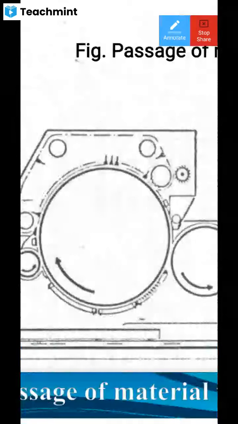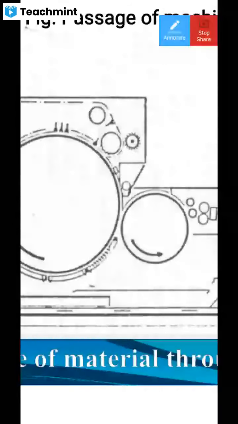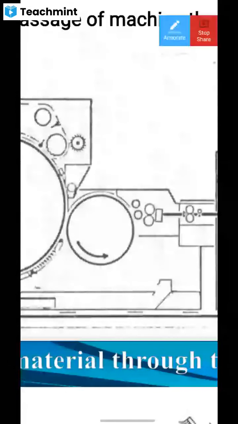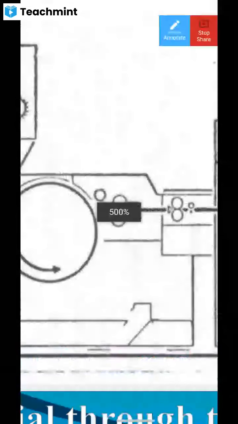The stripper roller is available and the stripping knife is also available. The short fibers deposited in the flat surface are completely removed after crossing the flat and cylinder. The material is transferred to the doffer zone. Now the India roll, or web roller, or condensing rollers are available here.